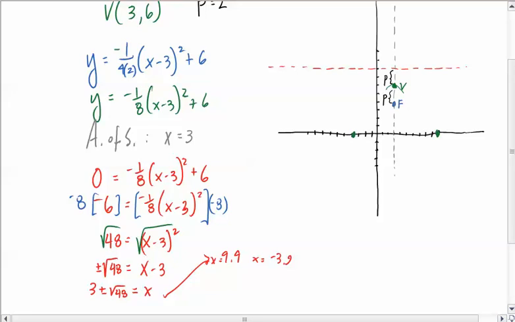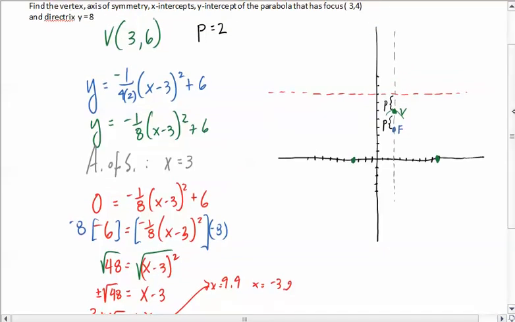Okay, so now my y-intercept. We're going to expect the y-intercept to line up pretty well with this fat parabola that we're making. So let's go ahead and get that. The y-intercept is found when we make x 0, right? So here we go. y is equal to negative 1/8 times 0 minus 3 squared plus 6.